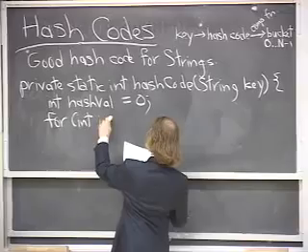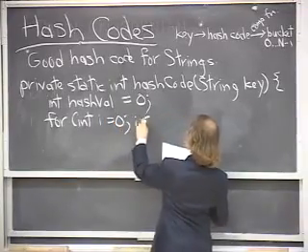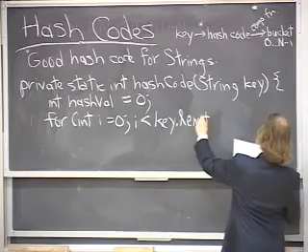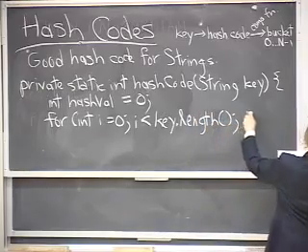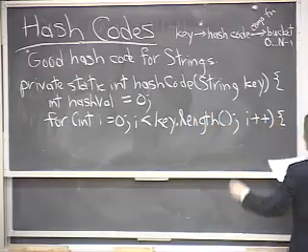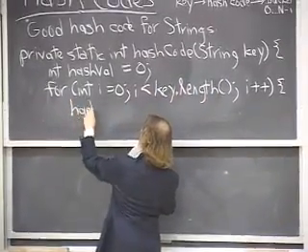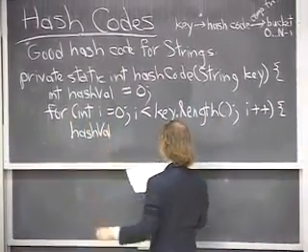here's my hash code. I'm going to go through all the characters in the string. And one character at a time, I'm going to add it to the hash value.